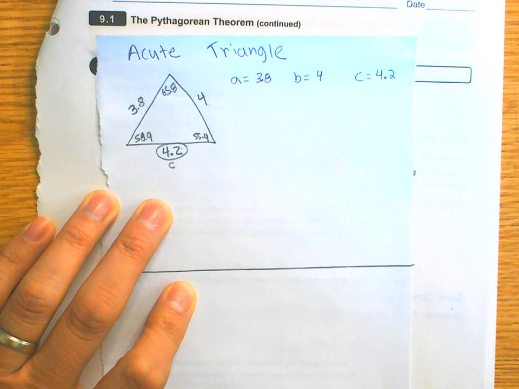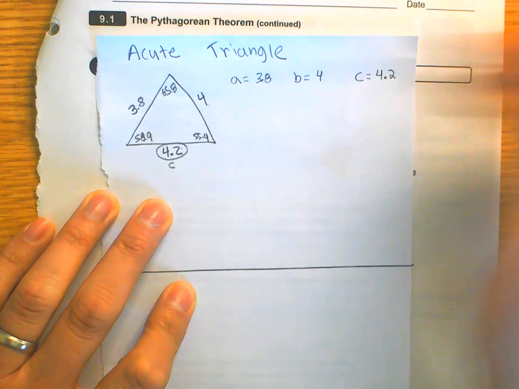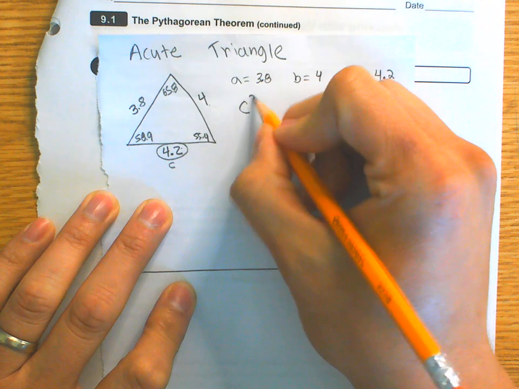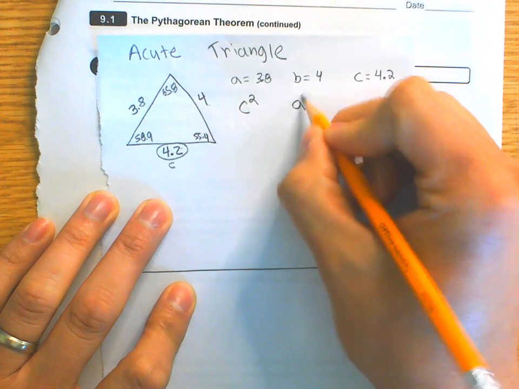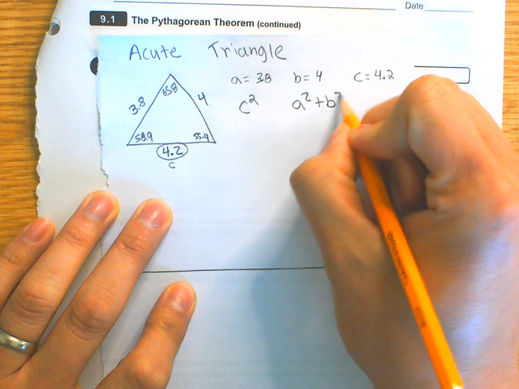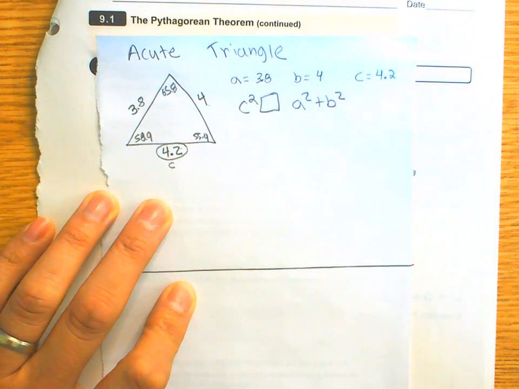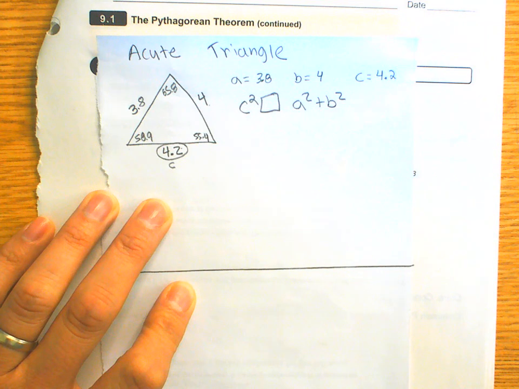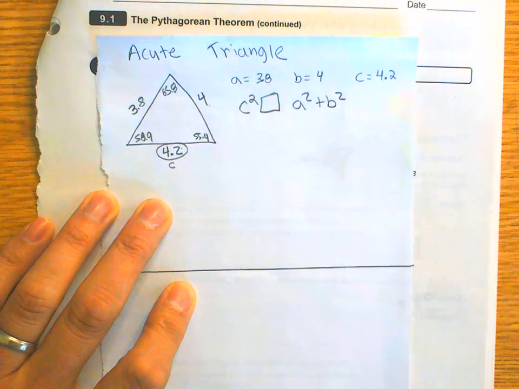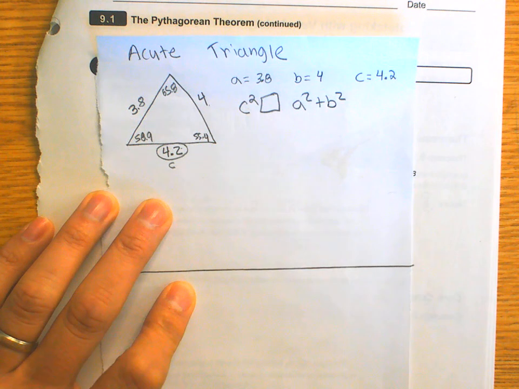So if I was to look at Pythagorean theorem, we know that when it's a right triangle, you're going to have c squared equal to a squared plus b squared. But what happens when it is an acute triangle? It's definitely not going to be equal, but we need to look for a little pattern here. So what we're going to do is plug these values into the Pythagorean theorem.